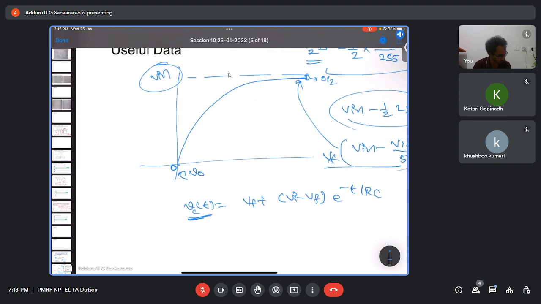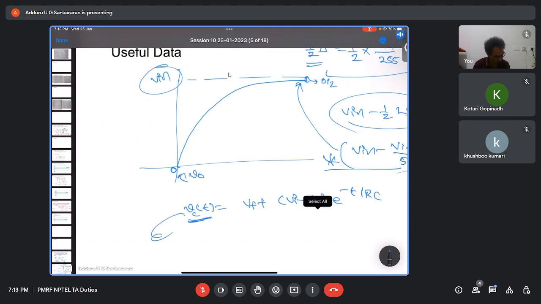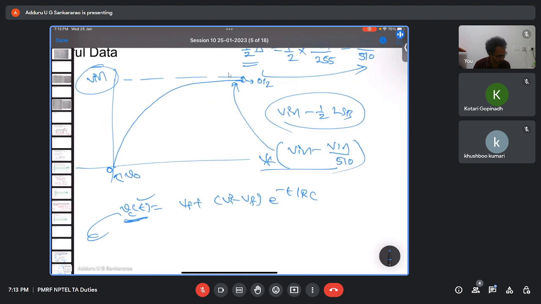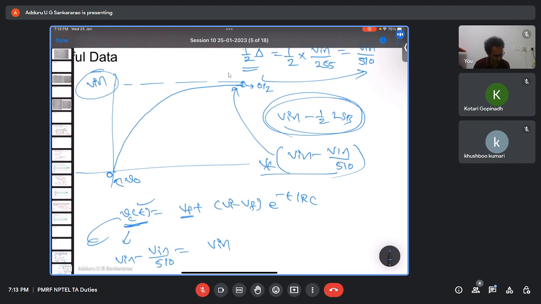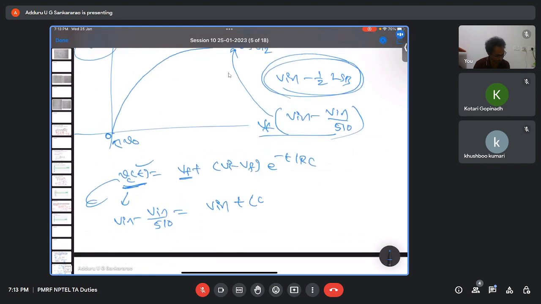How much time it takes for charging to V in minus half LSB, that is V in minus V in by 510. So V final can go up to V in, V initial is 0, and V final is V in, into e power minus t by RC. That much time is required to charge that one.